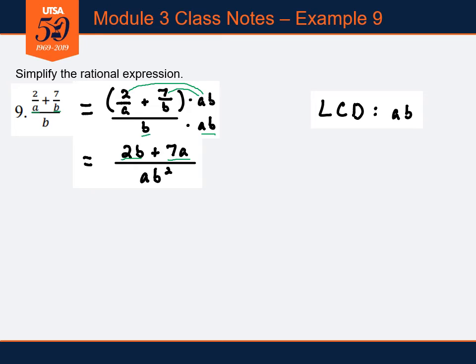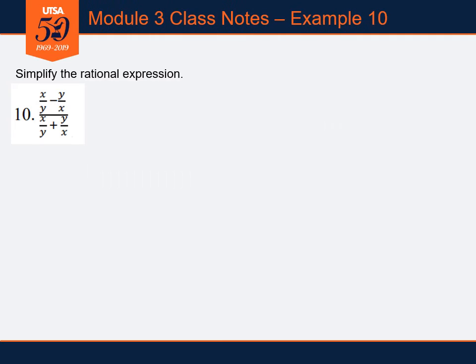I can't simplify any further. Between 2b and 7a, there are no common factors, no factoring work that I can do there. So this then is in simplified form.